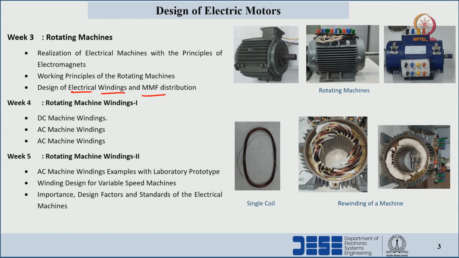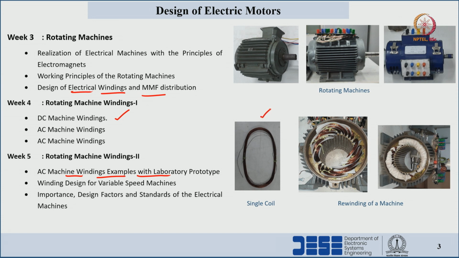In week 4 and week 5 we will discuss in detail about the type of windings, DC machine windings and AC machine windings with respect to lap winding, wave winding, integral slot or fractional slot or full pitch or short pitch, etc. And in one lecture we will discuss how to do the rewinding of an electrical machine with respect to the practical aspect.